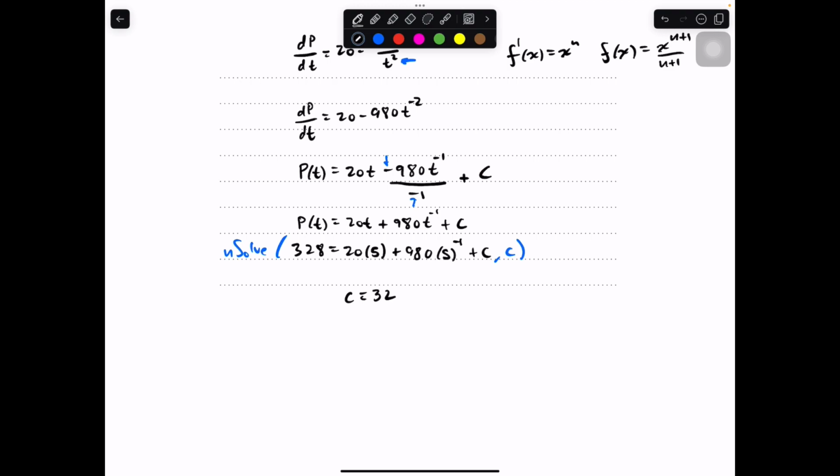So, writing this function with the new value of c, we have the cost as a function of time is equal to 20t plus 980t to the negative 1 plus 32.